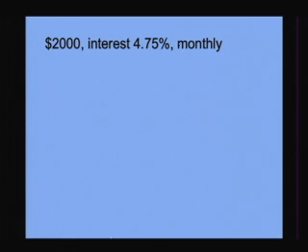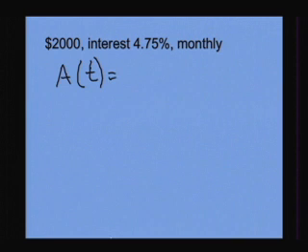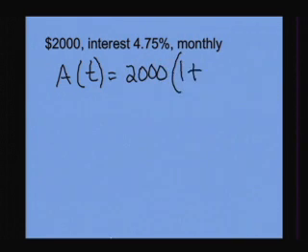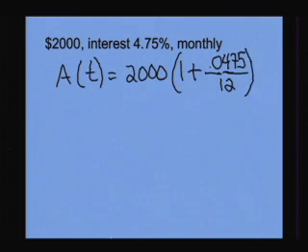So this time the formula, of course, is A of t equals the original amount, 2,000, times 1 plus the interest rate, written as a decimal, over the number of times that it's compounded, 12, raised to the number of times it's compounded times t.